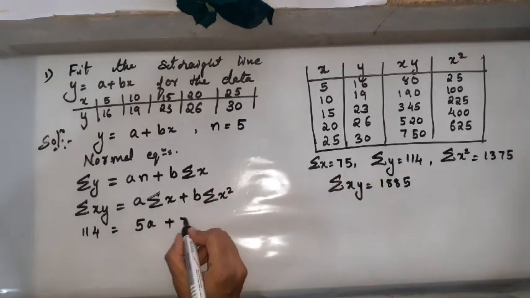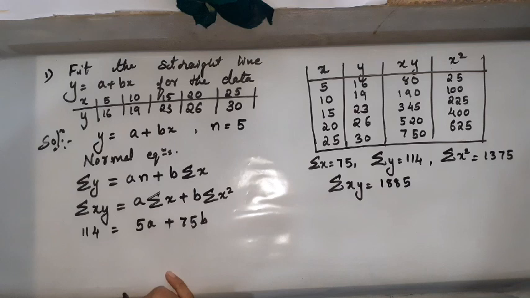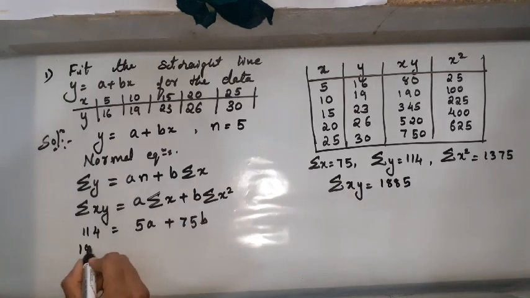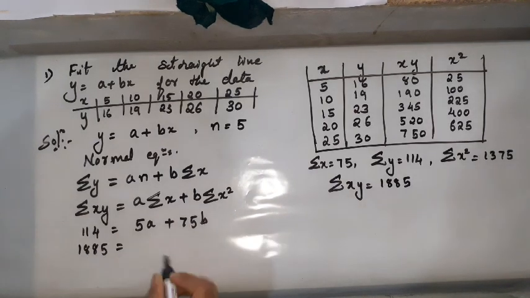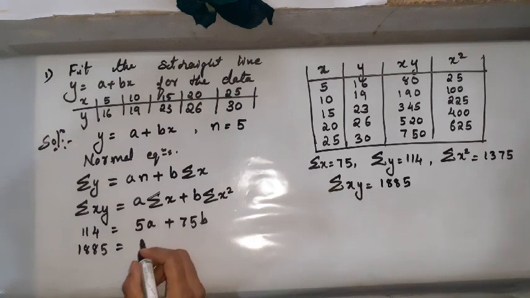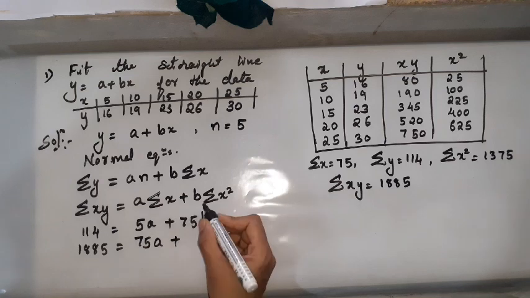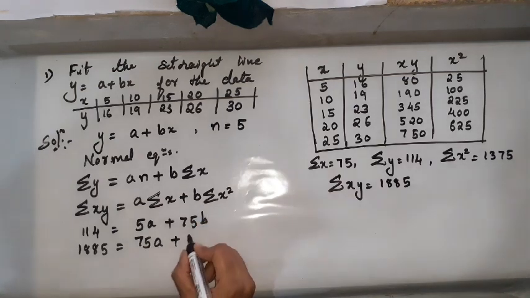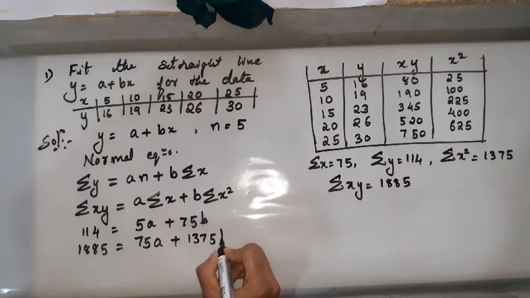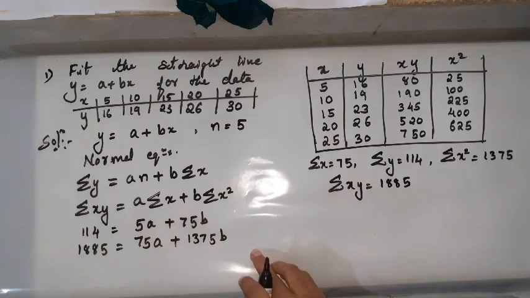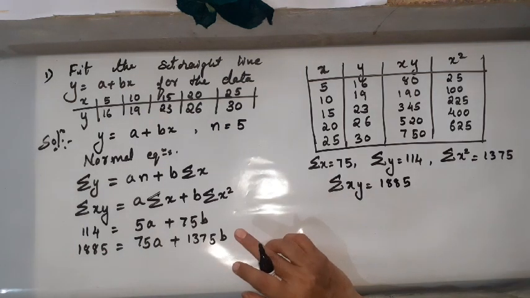What is summation x? 75b you get. Similarly, summation xy is 1885 and that is equal to a as it is, summation x is again 75, a plus b as it is, summation x square is 1375b. Now what you do? Take out your calculator in equation mode.